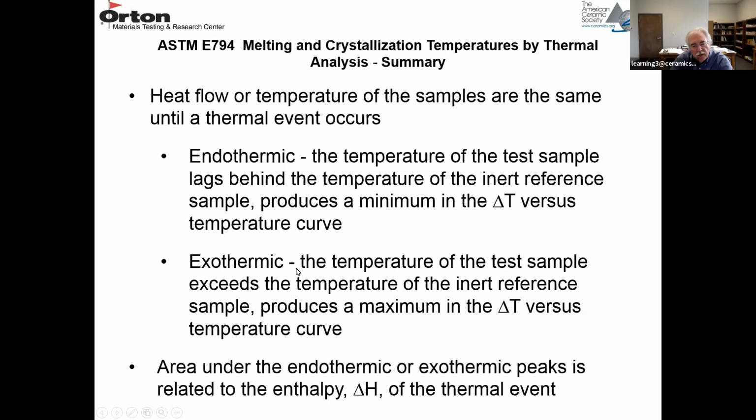In an exothermic reaction, the temperature of the test sample is higher than the temperature reference. So now you have a maximum in the delta T versus your heating temperature curve. So you're giving off heat in this case.